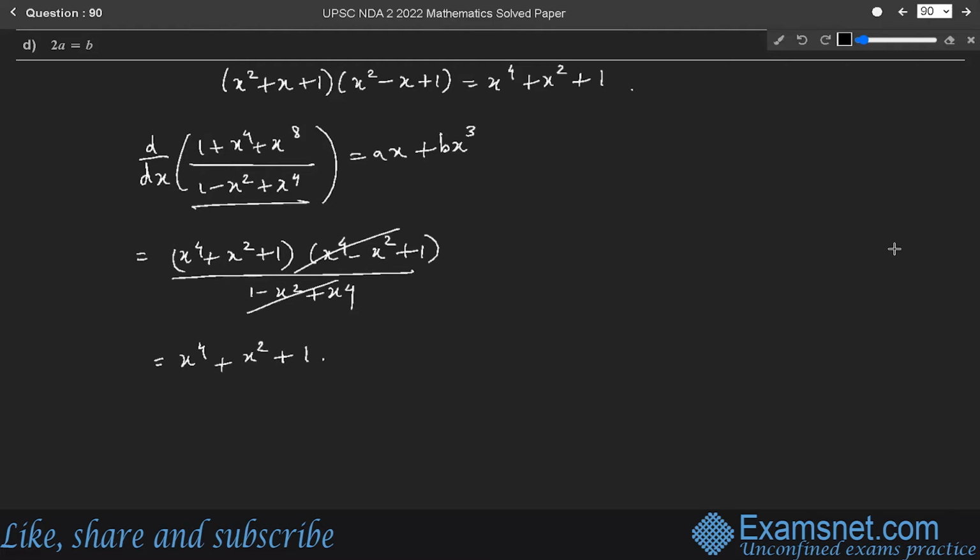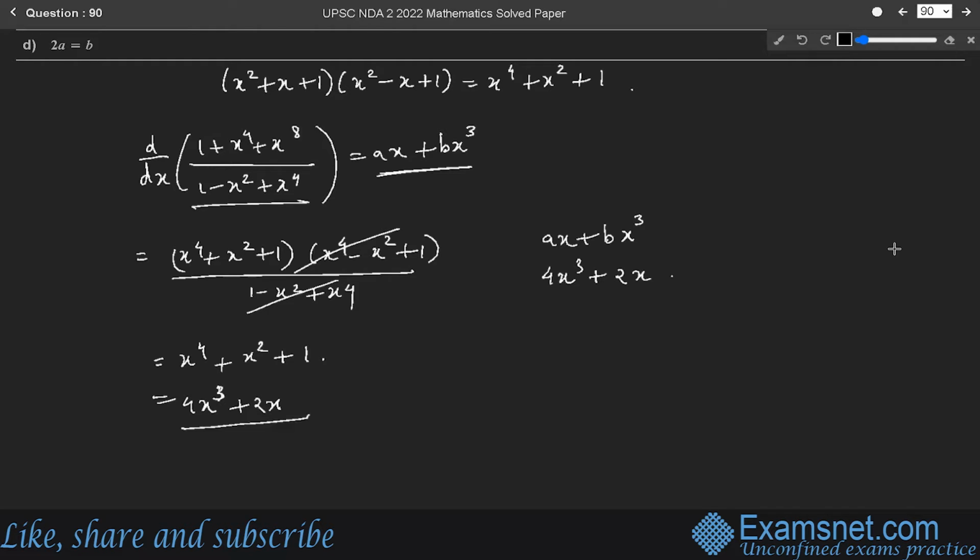Now, the expression is given which is ax plus bx cube. So, according to the values, it will be 4x cube plus 2x. Taking the integration of this part here, it will be 4x cube plus 2x.